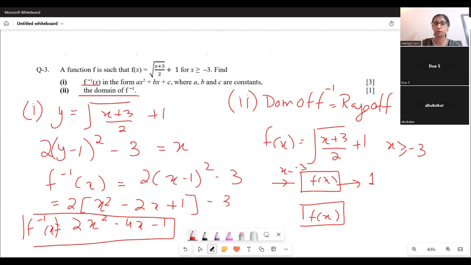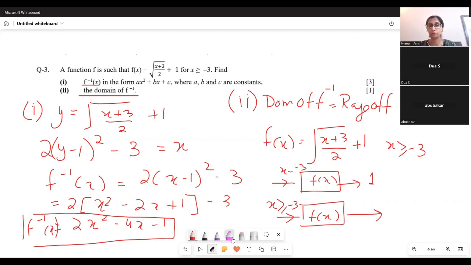So would the value increase or decrease for f(x)? x is becoming bigger than minus 3. Will the value increase or decrease from 1? Increase. As x increases, the value of f(x) also increases. That means the minimum value of f(x) is 1, so f(x) is greater than or equal to 1.